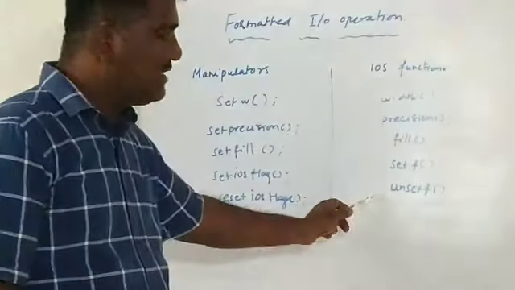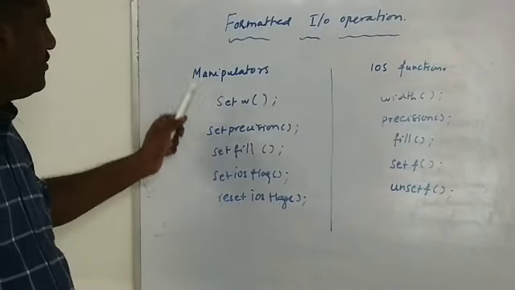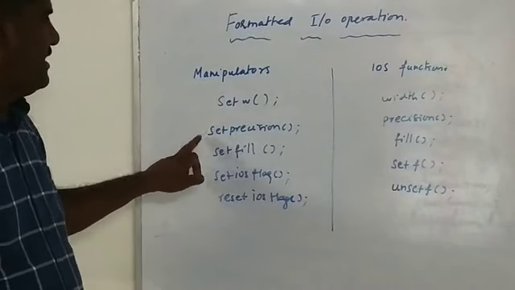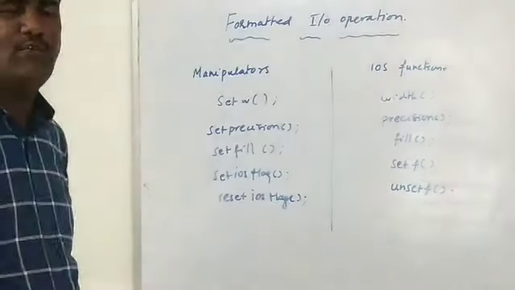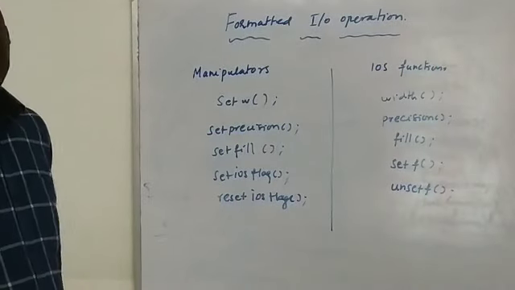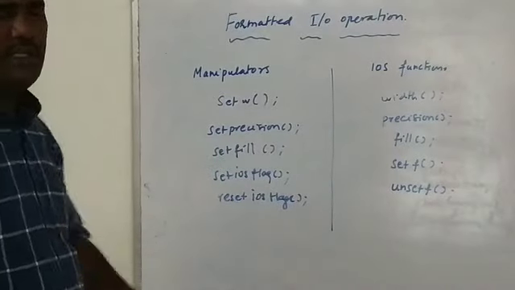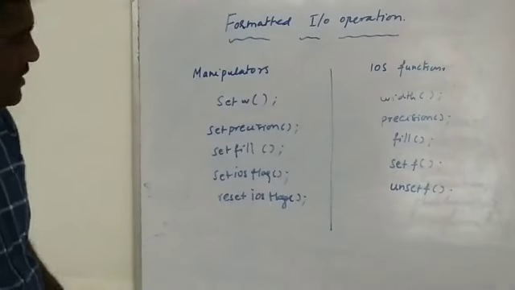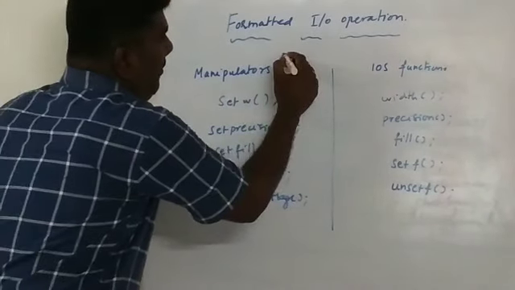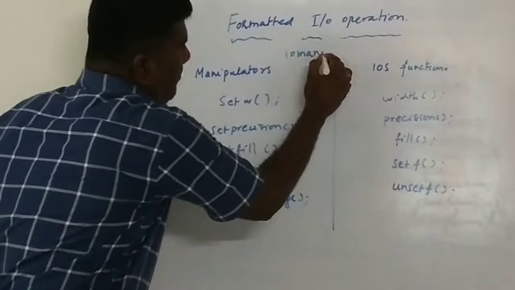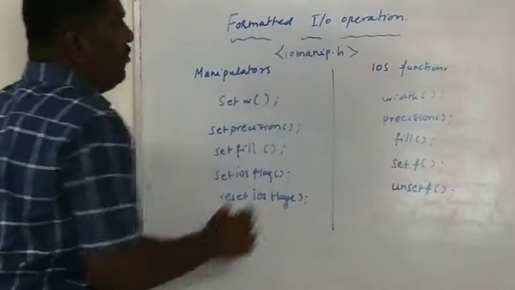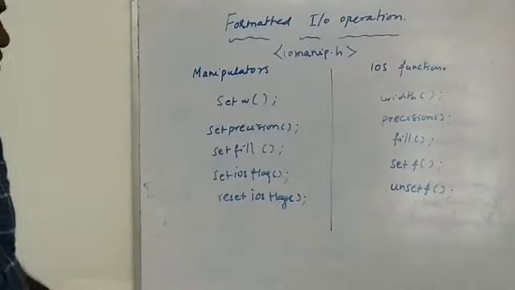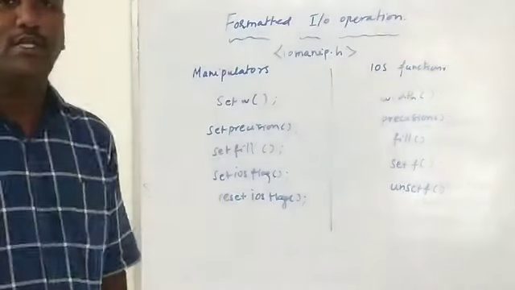The same functions are used through manipulators: setw, setprecision, setfill, setiosflags and resetiosflags. When we use manipulators in your program, you must include the iomanip.h header file. Then only can you use the manipulators in your program.